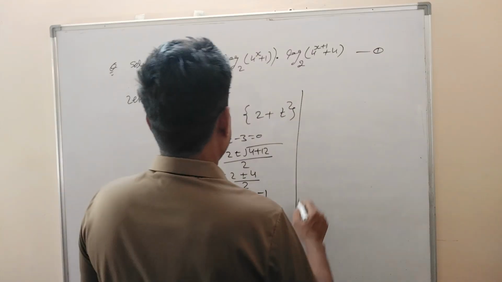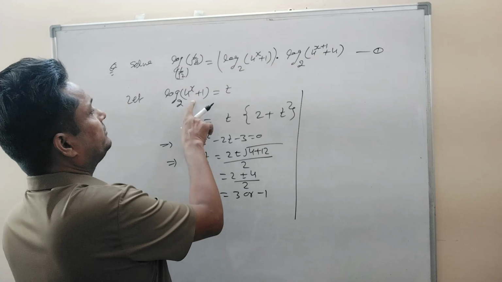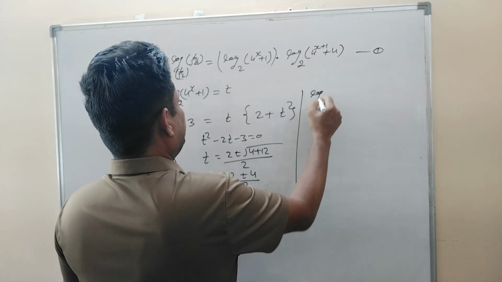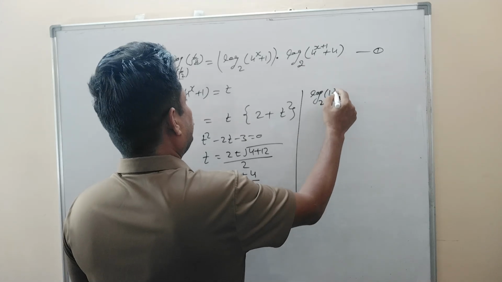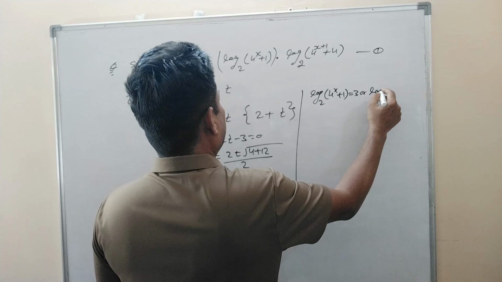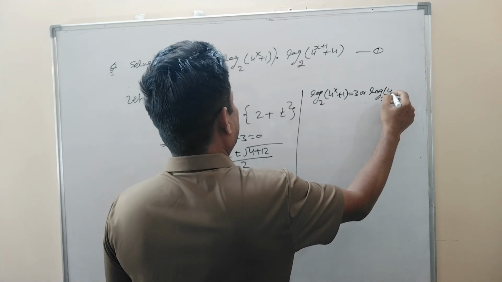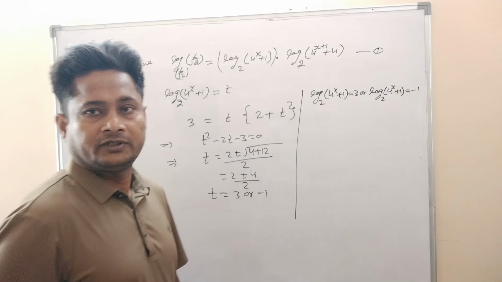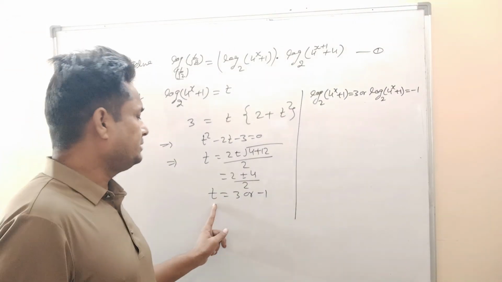So what is the value of t? This one. So log base 2 of 4 to the power x plus 1 will be equal to 3, or log of base 2 of 4 to the power x plus 1 is equal to minus 1, right? Both values, put the value of t.